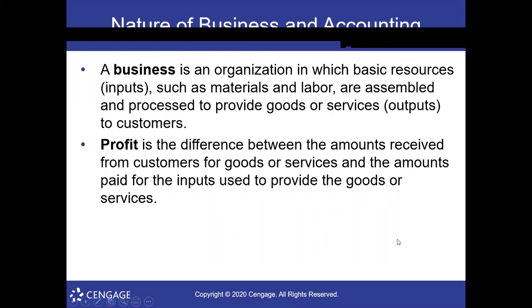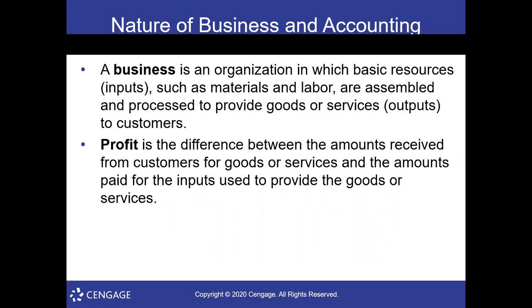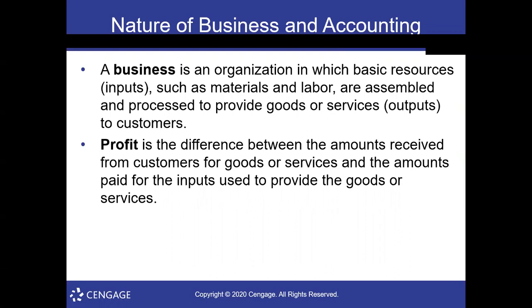All right. So a business is any organization which is going to produce a good or service. For purposes of this class, we're only going to be focusing on for-profit businesses.